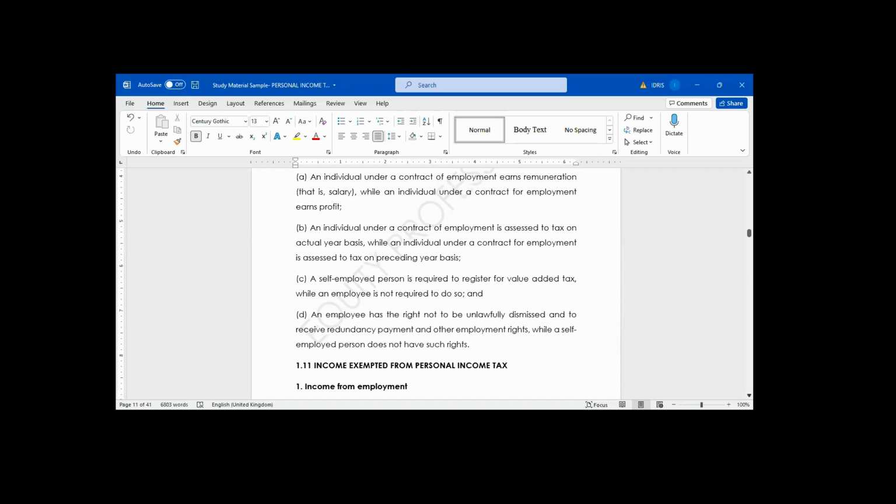But in the case of contract of employment, you cannot terminate the employment anyhow. For a full-time employee, you have to follow the labor law and pay him some compensation. But in the case of contract for employment, it's a part-time job, so once the person finishes rendering the service, you can terminate the appointment.